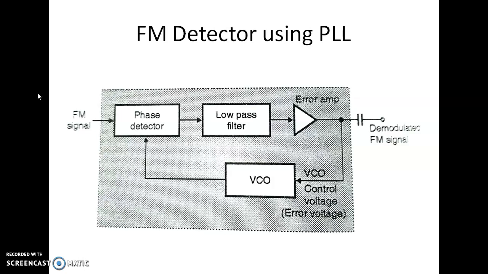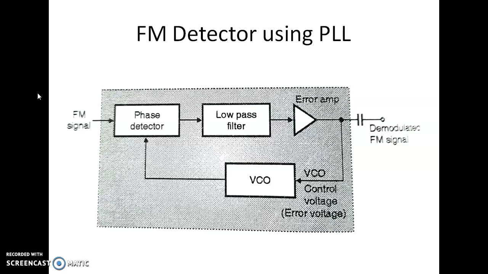I repeat again, in this block diagram we can observe the FM signal which is to be demodulated applied at the input of the PLL. As the PLL is locked to the FM signal, the voltage control oscillator starts tracking the instantaneous frequency in the FM input signal.